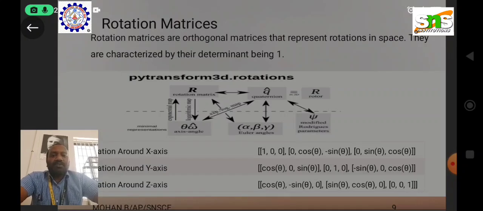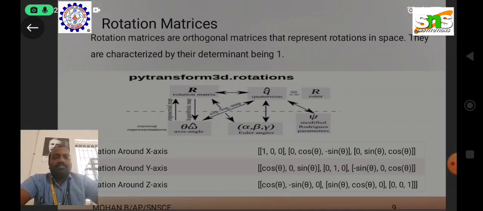First of all, in the rotation around the x-axis, the matrix is a 3 by 3 matrix, with the first row 1 0 0, then 0 cos theta minus sin theta, then 0 sin theta and cos theta.